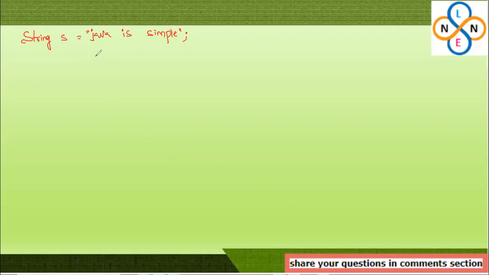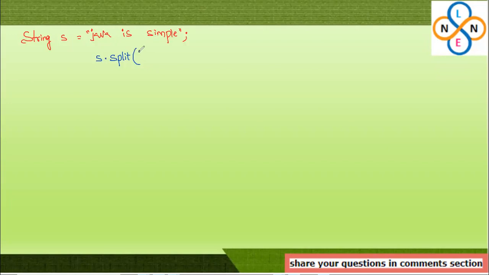If you use your string object s dot a method called split, however we want, we can split it. We can split by null, we can split by space, we can split by a character. But here our requirement is we need a word Java, we need a word is, we need a word simple. So how were they separated? They were separated by a space.